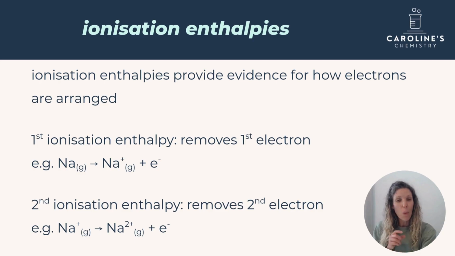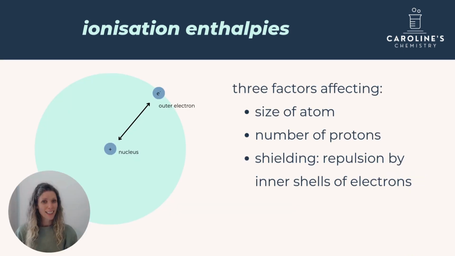Now let's think about what might affect the energy required to remove an outer electron. These are the three key factors to explain the size of the ionisation enthalpy, the energy required to remove an electron.